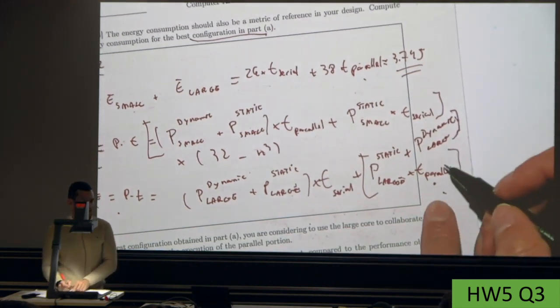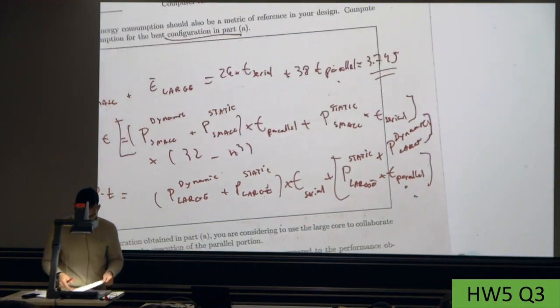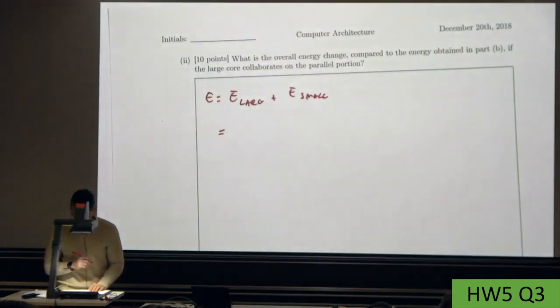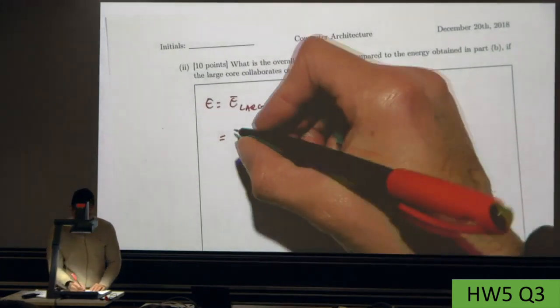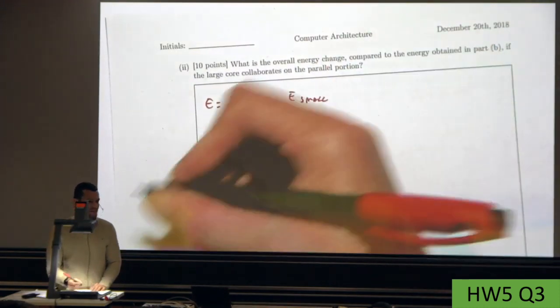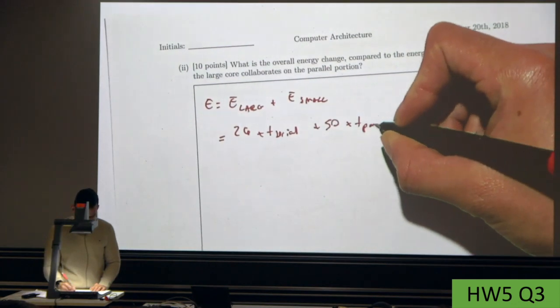This is the only change in the equation. Checking the solution, it is 26 times the serial part, same as before, and now it's 50 times the parallel portion.